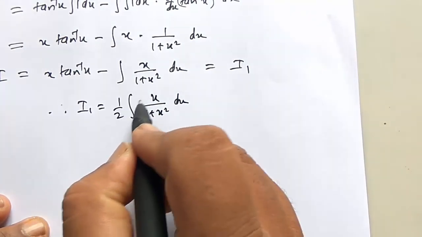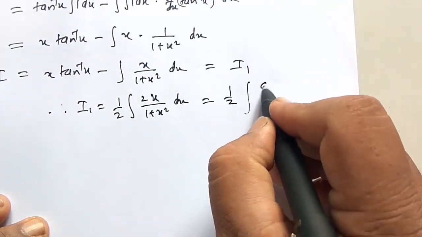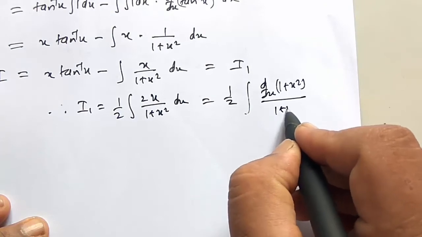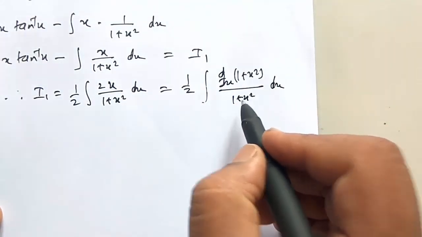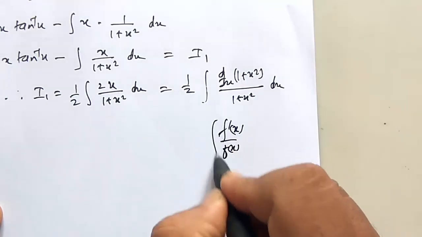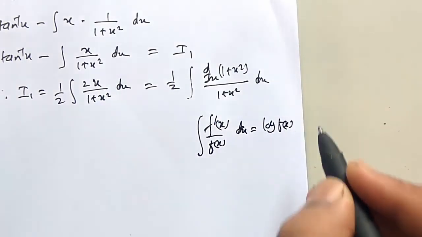So we multiply and divide by 2. So this is equal to 1 by 2 integration of d by dx of 1 plus x square upon 1 plus x square dx. It is like integration of f dash of x upon f of x dx, and its integration is log of f of x.